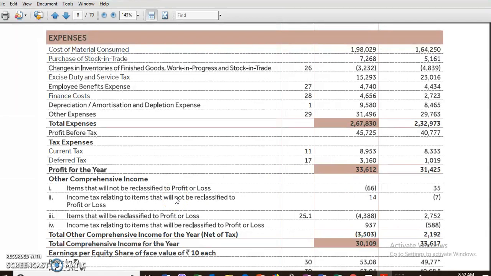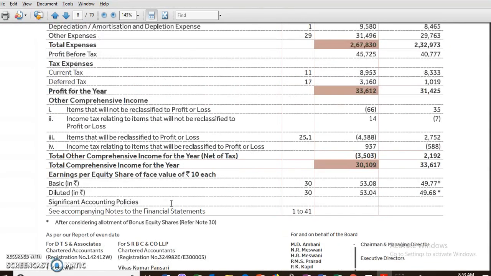The next item in the line is other comprehensive income. Those are mostly income or expenses which are unrealized. For example, unrealized foreign exchange gain, income which is due but not yet realized, or just a market value differentiation, or other adjustments which are not related to the operations, but are mostly related to the ownership of the minority interest, or to the owner's interest.